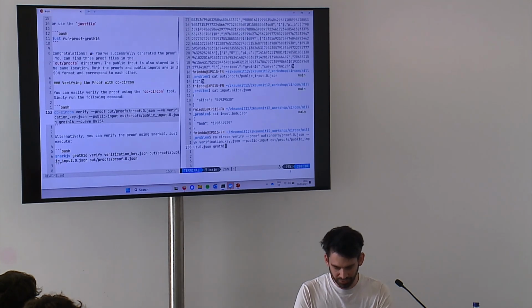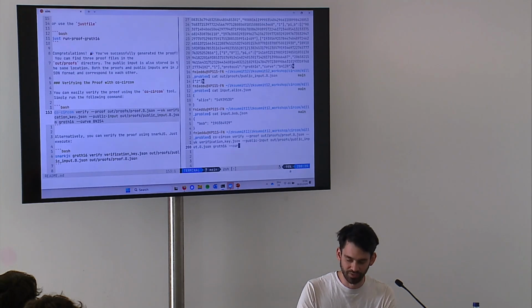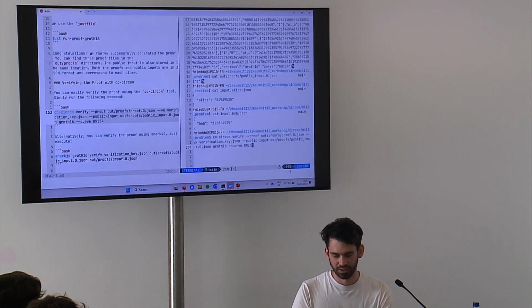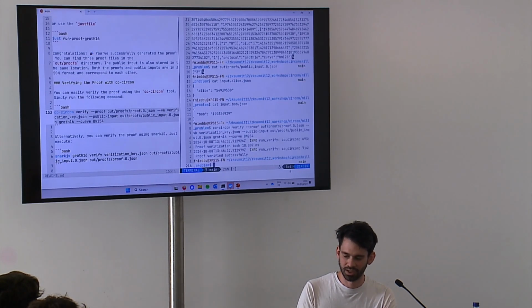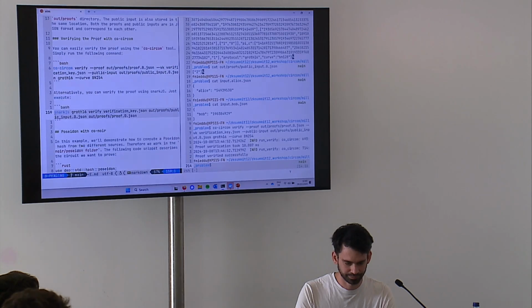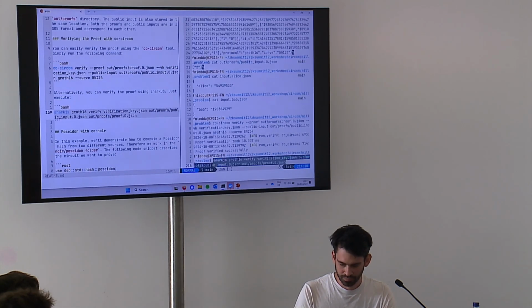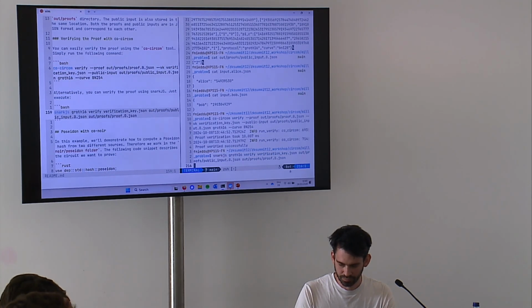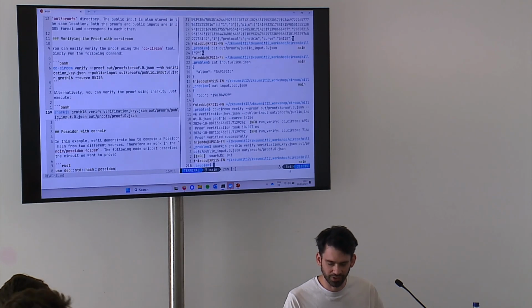We want to verify a Groth16 proof, and then the curve again. Okay, it said proof verified successfully, and we can just do the same with SnarkJS. SnarkJS also says this proof is okay.